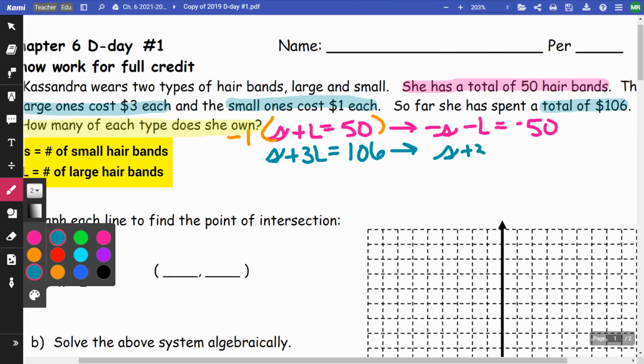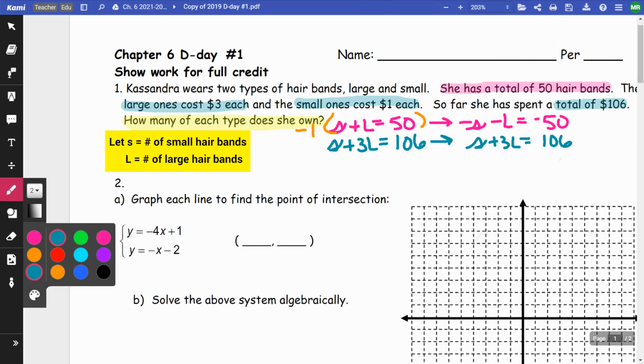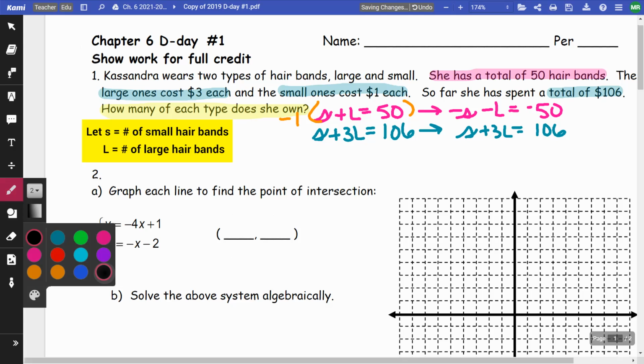So S plus 3L is equal to 106. I am going to add, and my S's will eliminate. So I'm going to get 2L is equal to 56. I'm going to divide by 2, and I'm going to end up with 28 large ones.